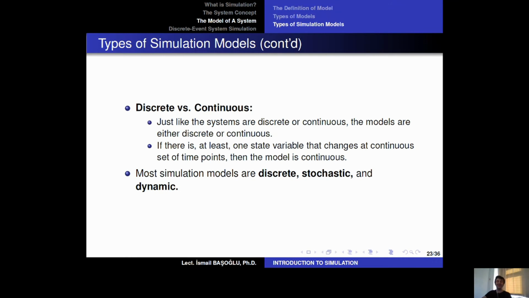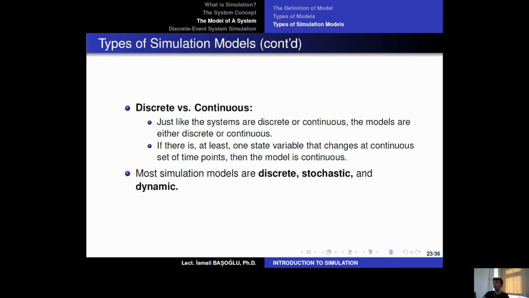Finally, a discrete or continuous simulation model we may have in the third classification. Just like the systems, the models can be a discrete model or a continuous model. As I have told you, if all of the state variables change at a discrete set of time points, then we call this a discrete system.